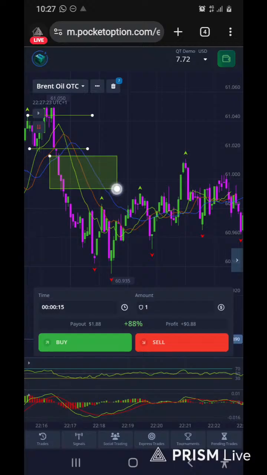So still move down and look for where the fair value gap happened. You can't see the fair value gap here. This is the only place it could happen, but it didn't happen. So there's no fair value gap here.